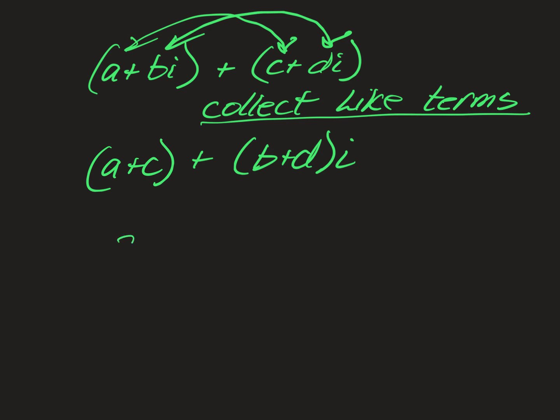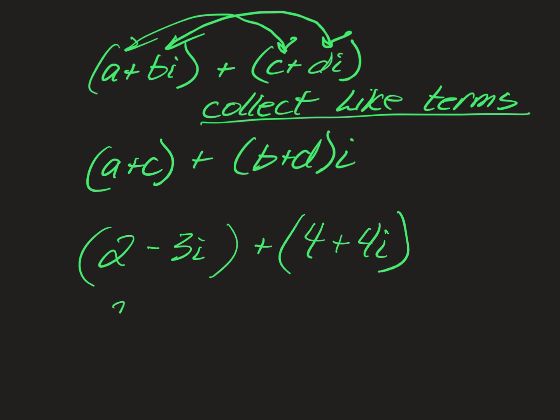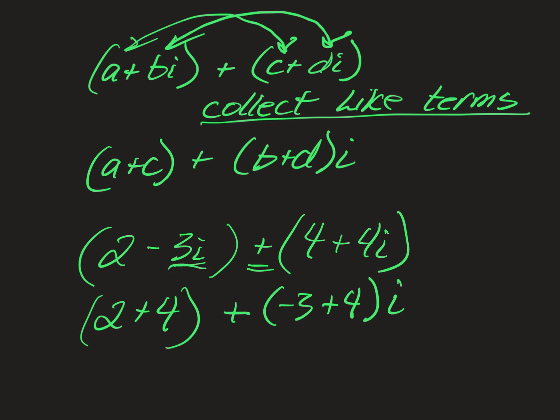And so we add those parts together. Quick example, if I have 2 minus 3i, and I want to add that to 4 plus 4i, this becomes 2 plus 4, for the real part, plus then a negative 3 plus 4 times i. So I add the negative 3i and the 4i, and that gives me 6 plus 1i. All right? Collect like terms.